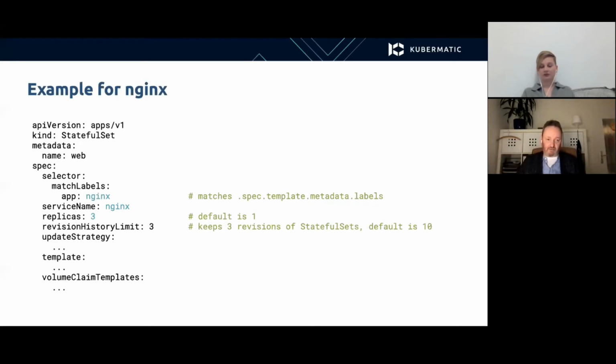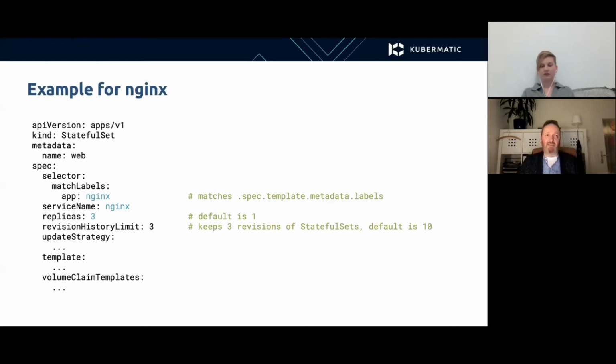And here the revision history limit is also a numeric entry. In this case, I said we keep 3 revisions of StatefulSets, and the default value, if we don't add this parameter, is 10.